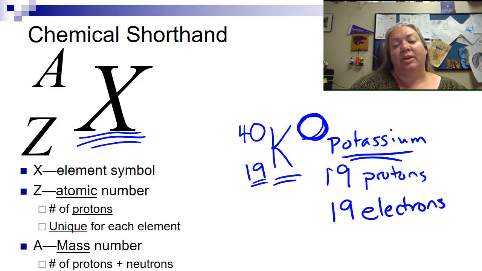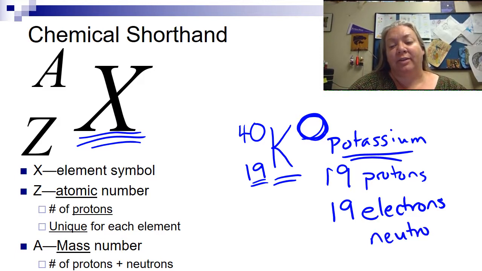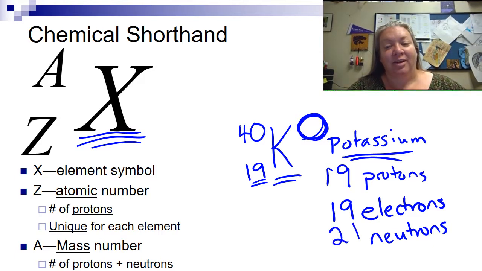Then the last thing we're going to look at is the number of neutrons. The number of neutrons is going to be your top number minus the bottom, the mass number minus the atomic number. 40 minus 19. Oh, do you need your calculators? That's going to give you 21. So protons, electrons, neutrons. Protons are always unique for that element.